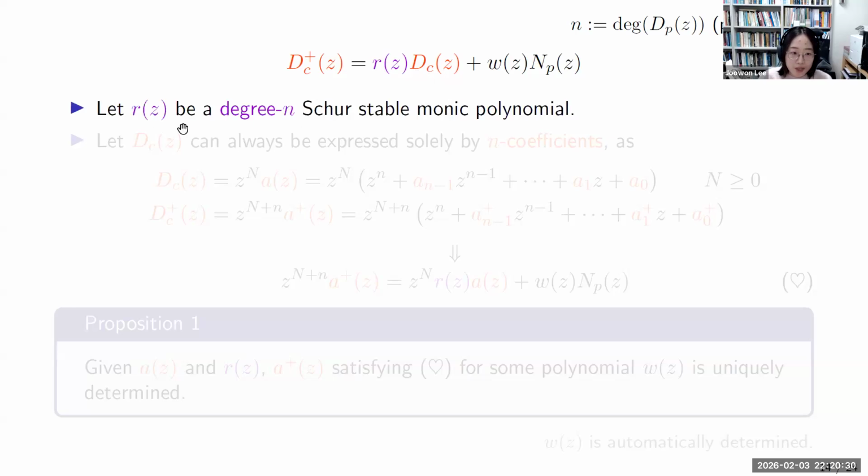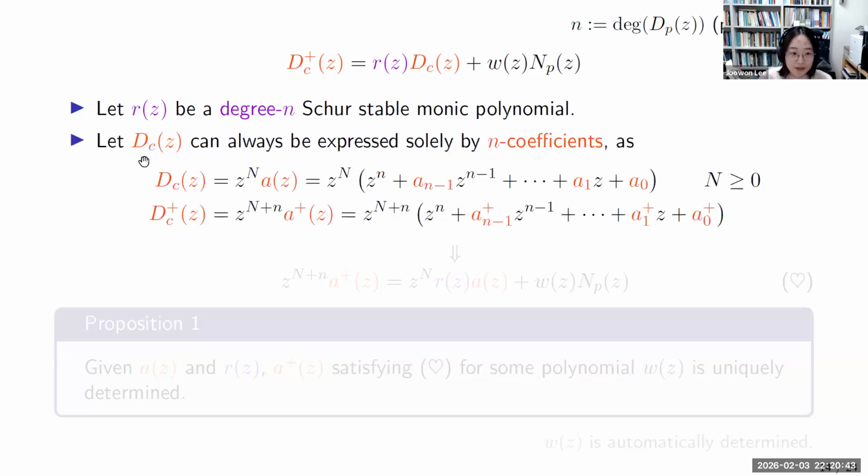And let R be a degree n sure stable monopolynomial, where n is the plant order. And let's add some update rule so that DC can always be expressed solely by n number of coefficients, which means that DC can be expressed as a multiplication of some degree n monopolynomial A times some monomial.